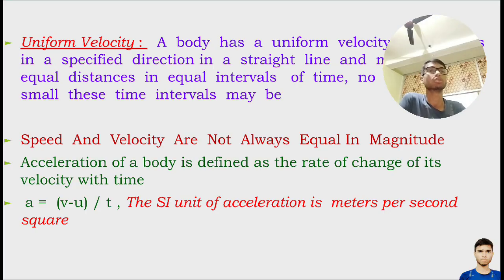V minus u defines the initial velocity and final velocity of the object.